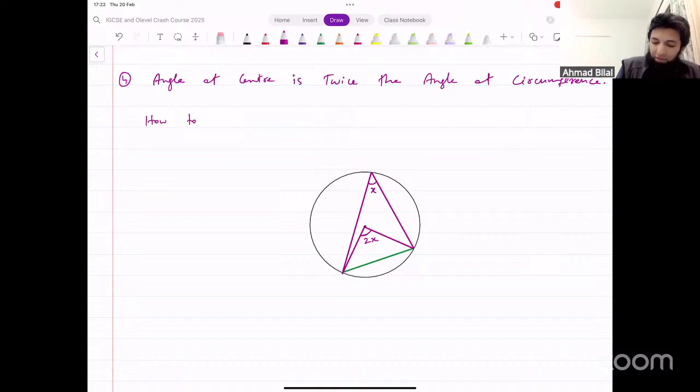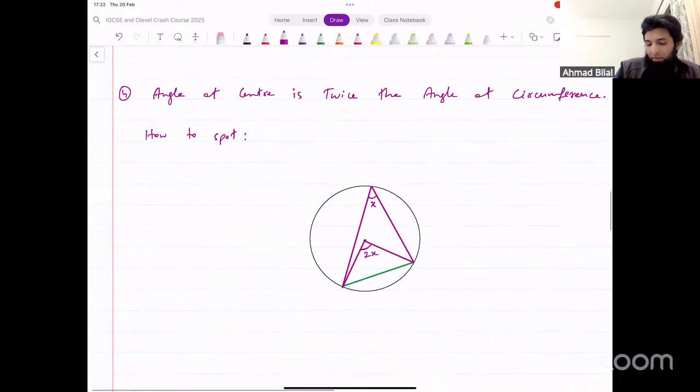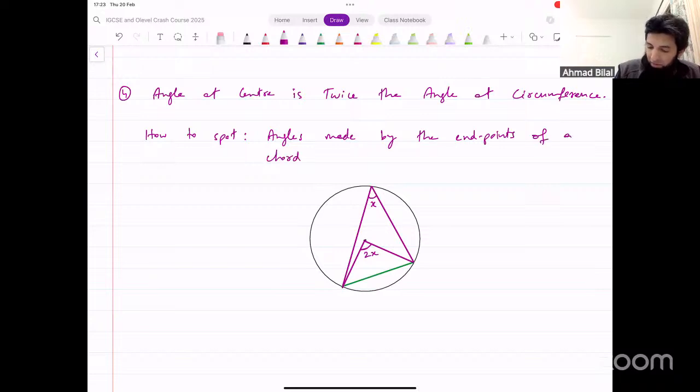Now, again, how do you spot? You would have angle or angles made by the endpoints of a chord to the center and to the circumference.